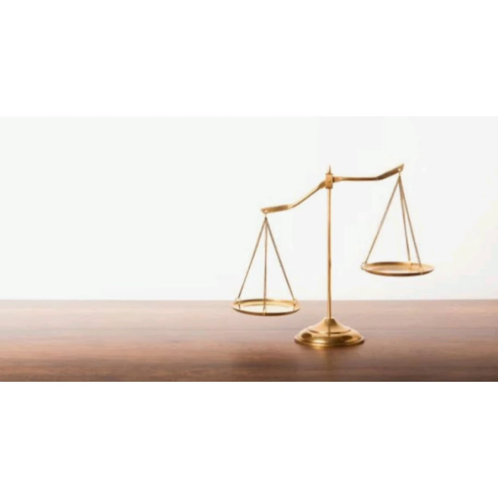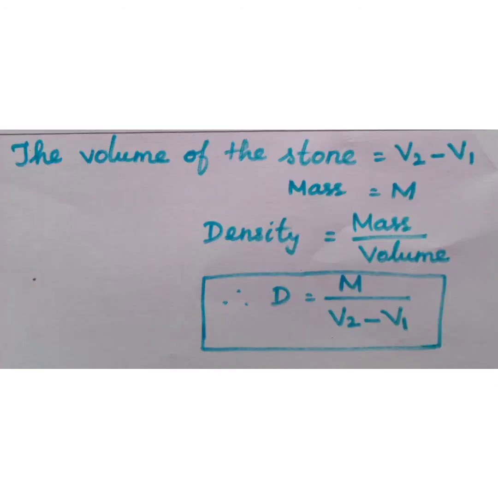It is noted as m. So, the density D is equal to mass by volume. D is equal to m divided by V2 minus V1. This is the formula to measure the density of an irregular solid using a measuring cylinder.